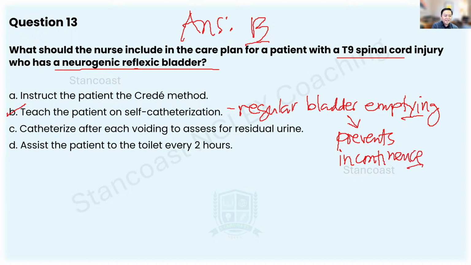Now let's have letter D. Assist the patient to the toilet every 2 hours. What do you think about the every 2 hours? It's not going to help the patient because of the issue of bladder emptying. The action itself is not going to resolve the issue of bladder emptying in response to the over distension.